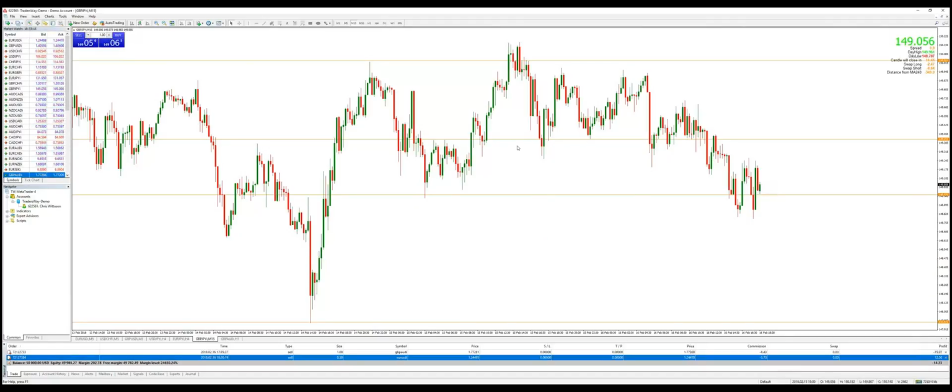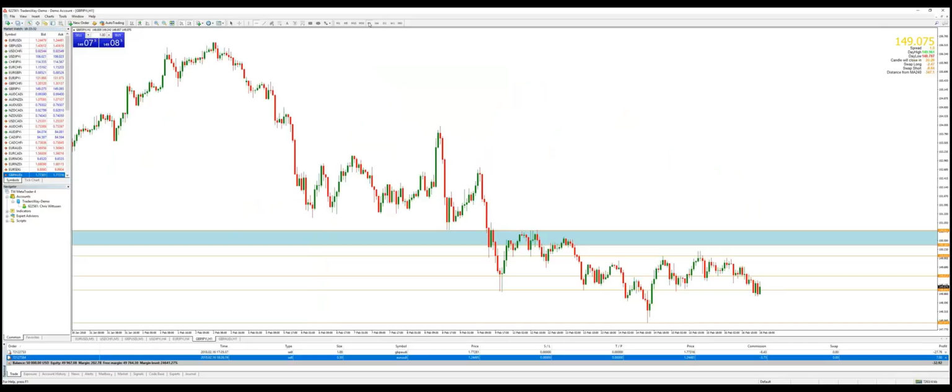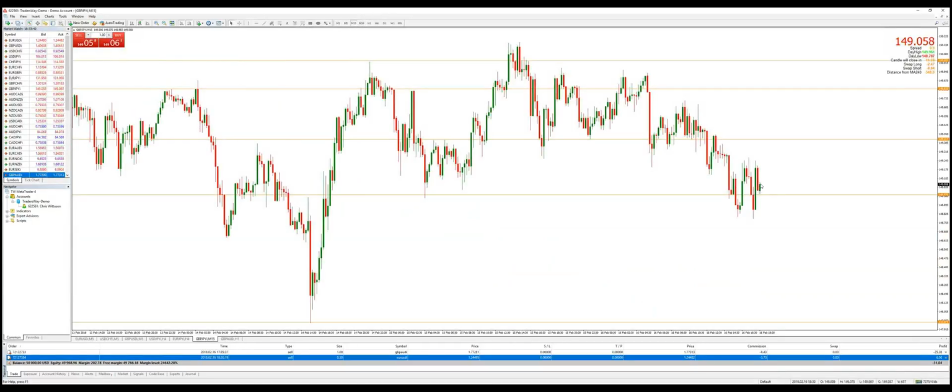We're in an area that is just full of stop hunts. Thinking about putting a pivot in there, but there's one there.